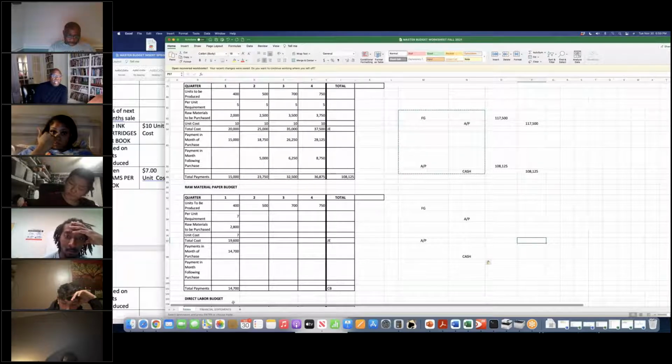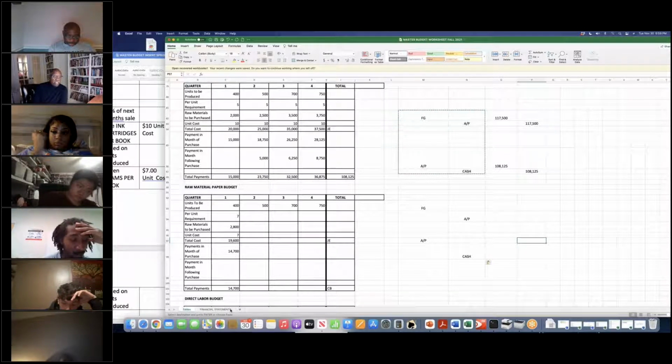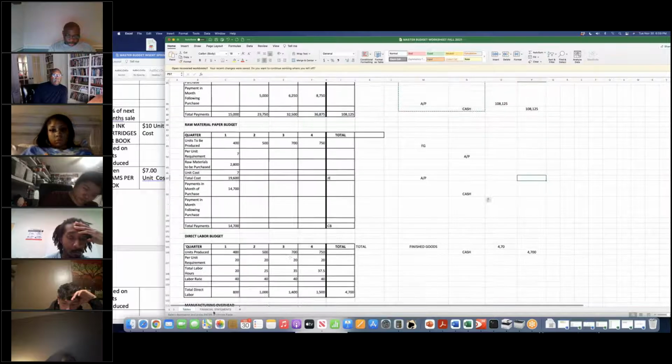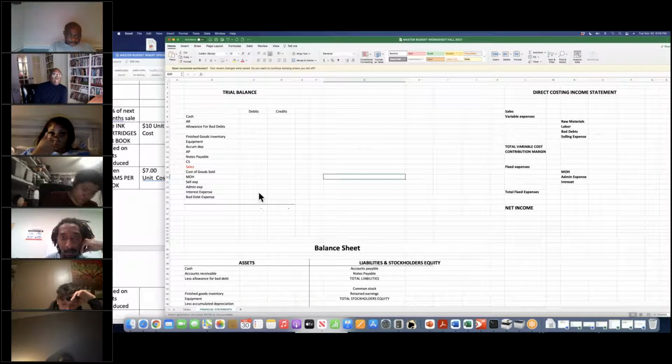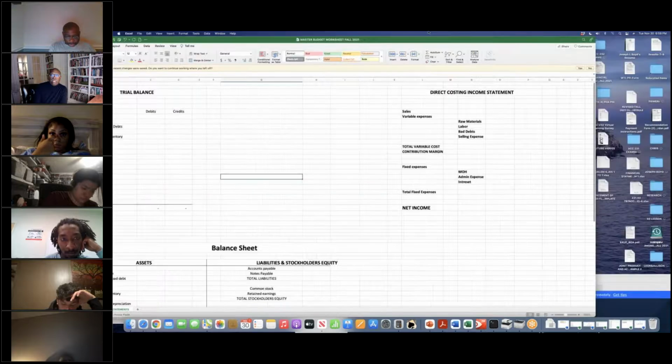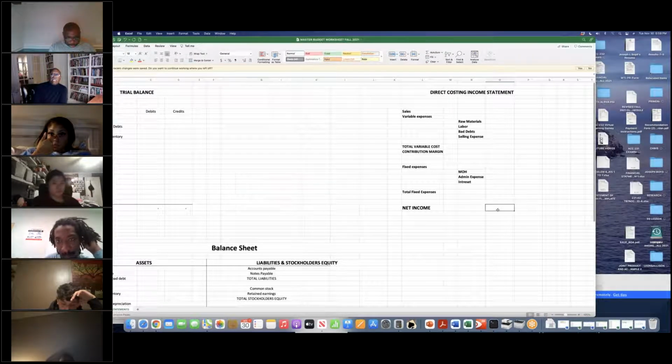With those put in, you're going to post them to a ledger. Then I want to see a trial balance. I want to see a net income. And what's this net income going to be when y'all give it to me?